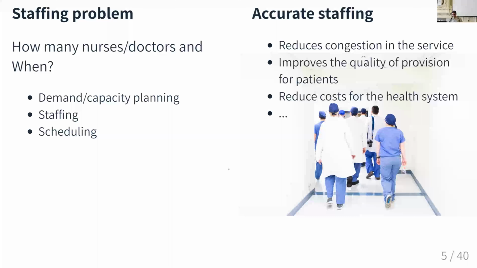Well, we can help patients, because hopefully the emergency department would be less congested and they benefit from it, but staff also can benefit from it, because they will have less pressure and work under less pressure. But in general, it can help to reduce the cost in the system as well, including staffing costs, because if they are understaffed, they have to call external agencies to bring in staff, and that costs more money as well.